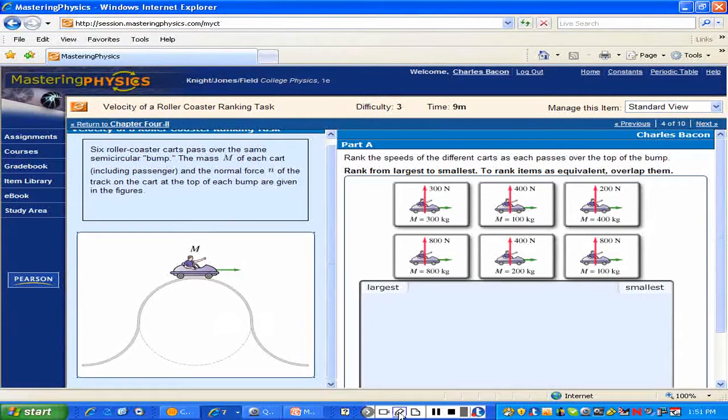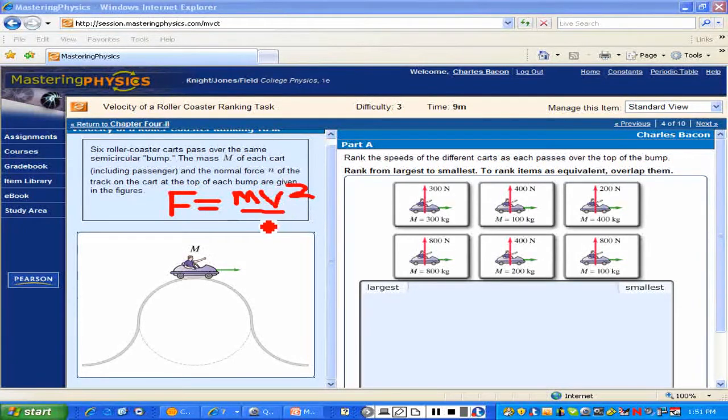Well, let's get the marker up here, and what we know is that anytime an object is going in a circle, Newton's law becomes mv squared over r. So the fact that you see a circular motion, you can immediately write down the product mv squared over r as the right-hand side of the cause and effect relationship.